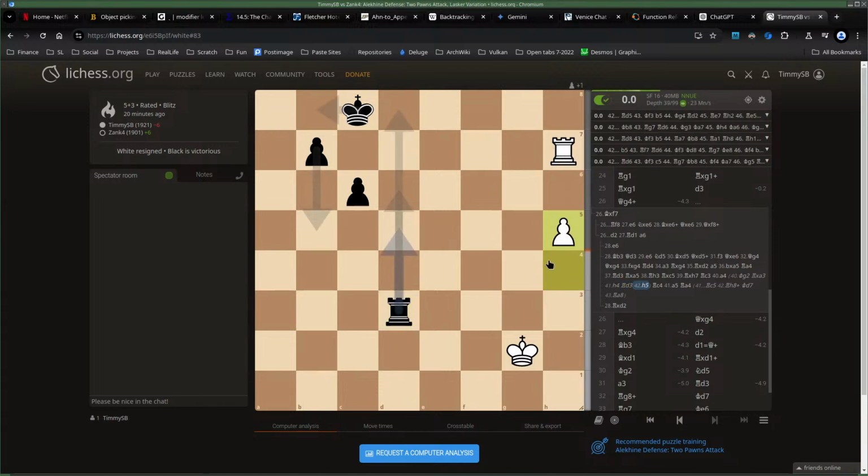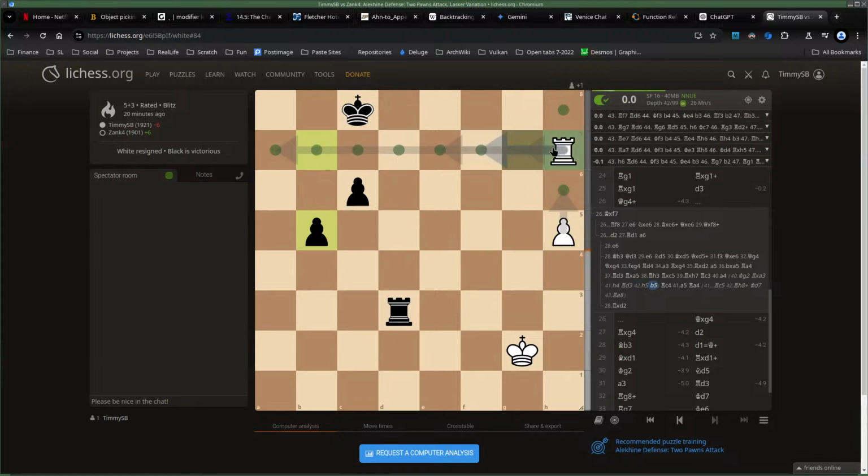Keeps moving the rook. Why does he keep moving the rook? I would try to promote. Let's try to promote too. This is not a losing move.